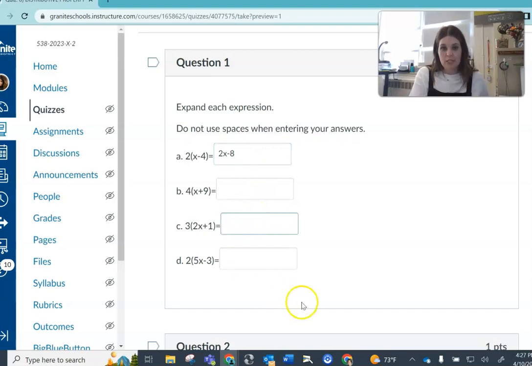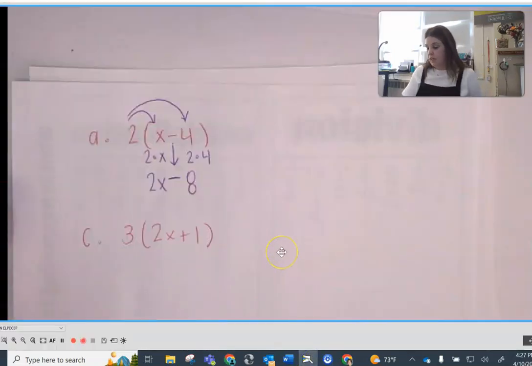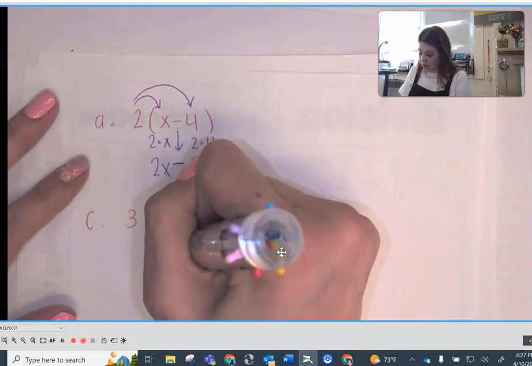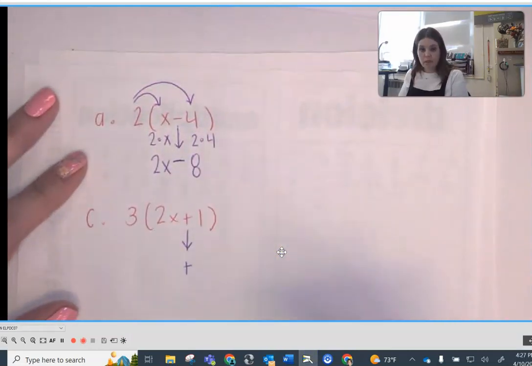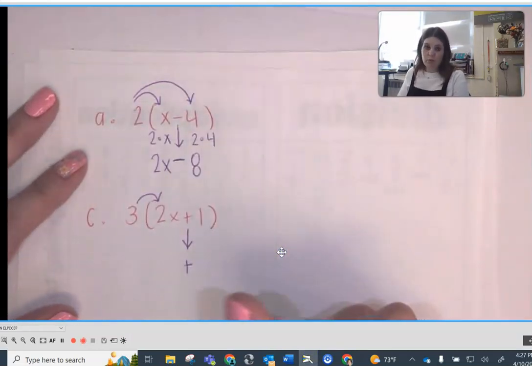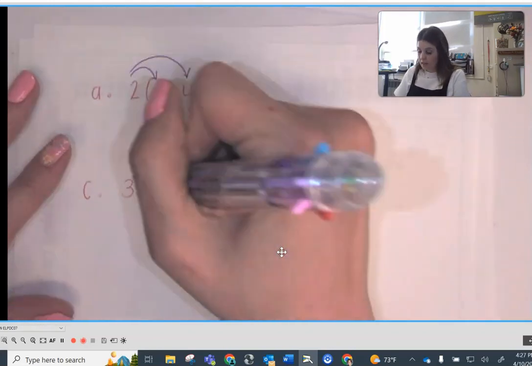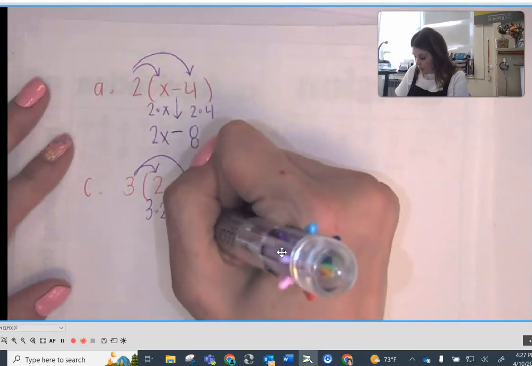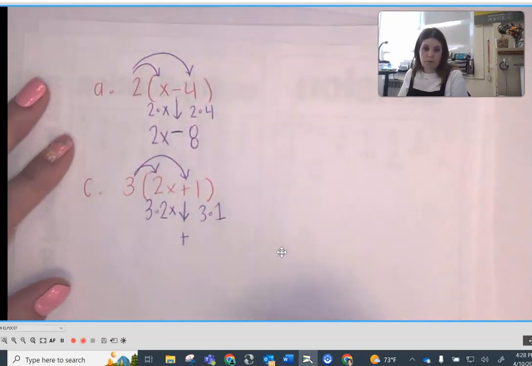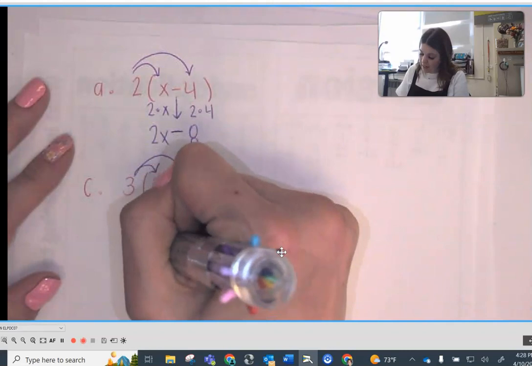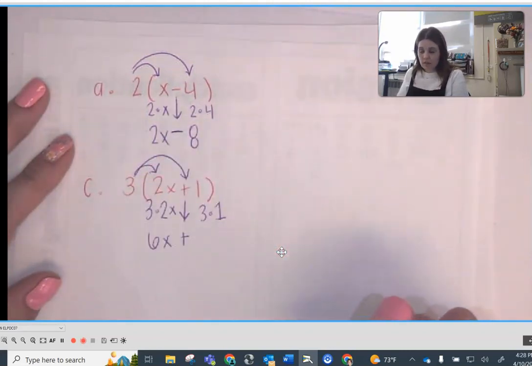And now we're going to do C. Same thing. I'm going to bring down this plus sign. I'm going to distribute the 3 to the 2. 3 times 2x. And then 3 times 1. 3 times 2x is 6x. 3 times 1 is 3.